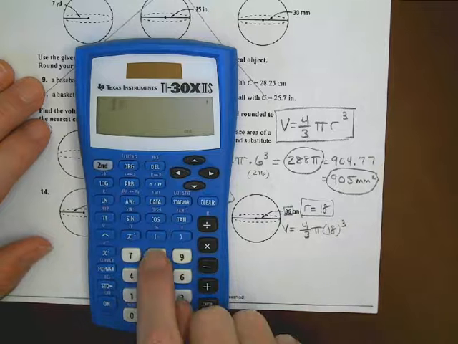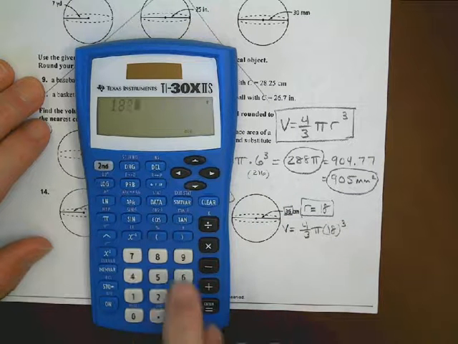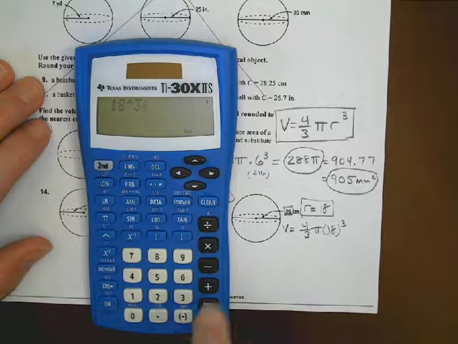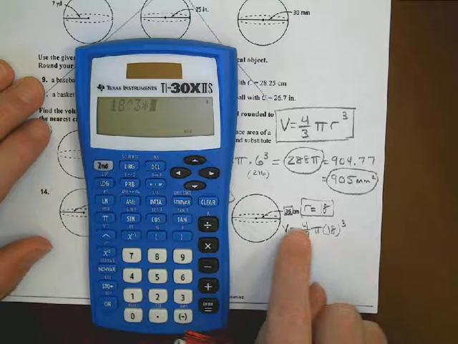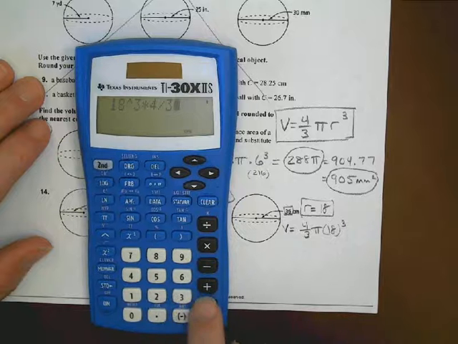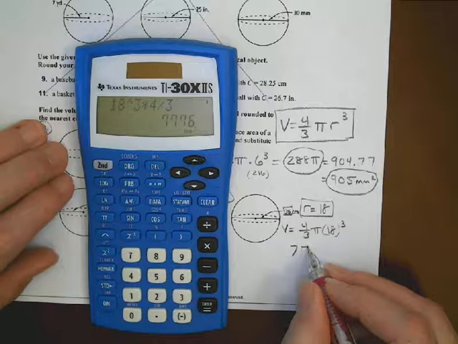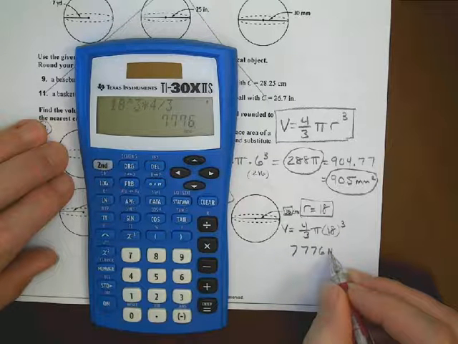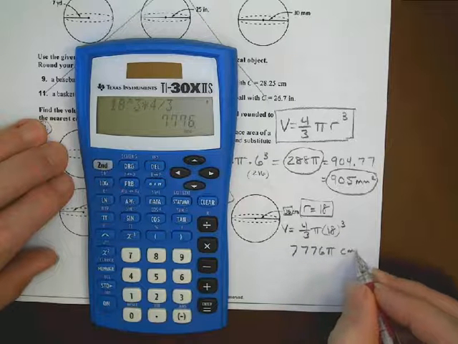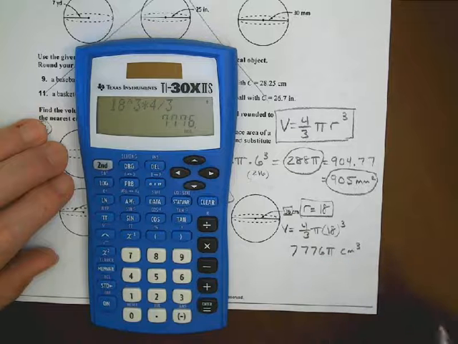Alright, so back to the calculator once again. I'm going to go ahead and start with my 18, use my little up arrow to go to the 3rd power, 18 to the 3rd power, times 4 divided by 3, and go ahead and get that equal, and that's going to equal, to start off with, 7,776 pi centimeters cubed. So that's in terms of pi.